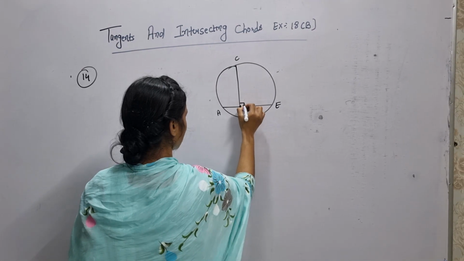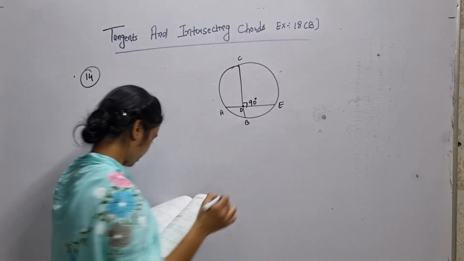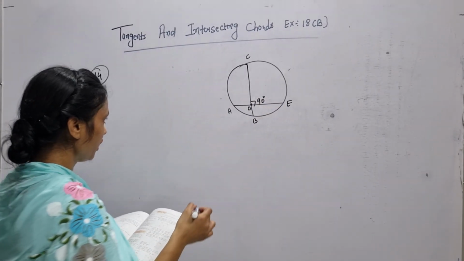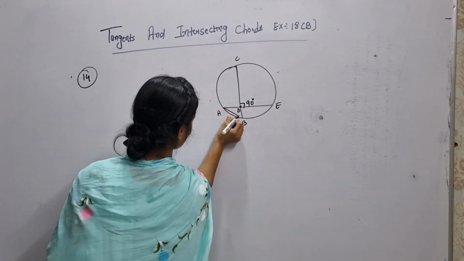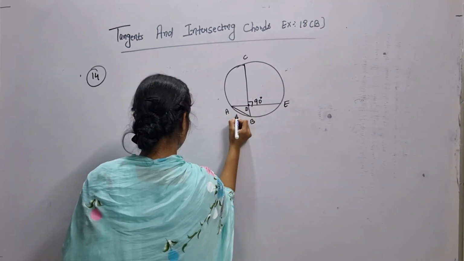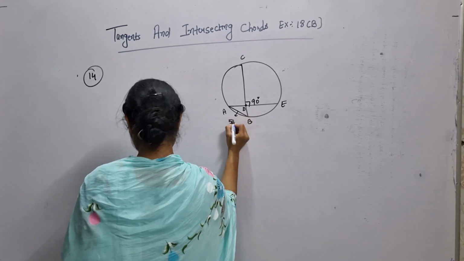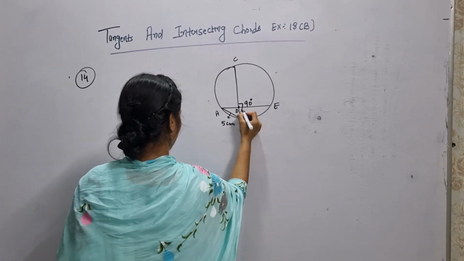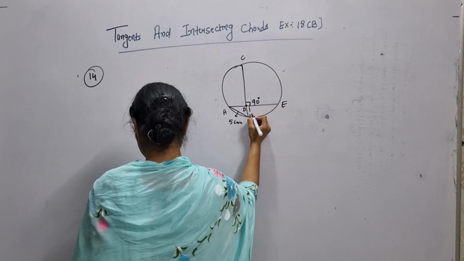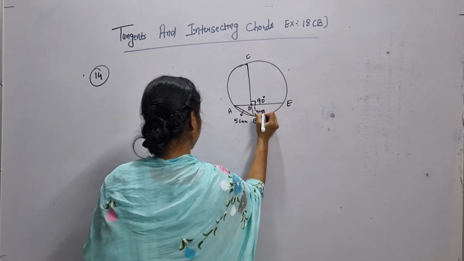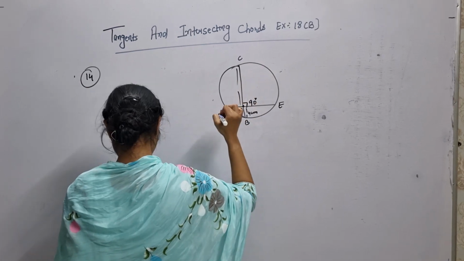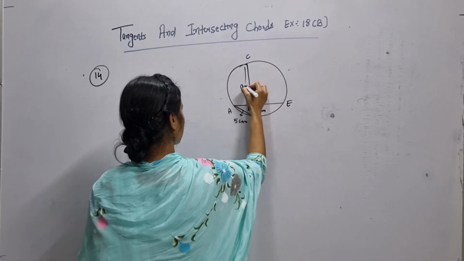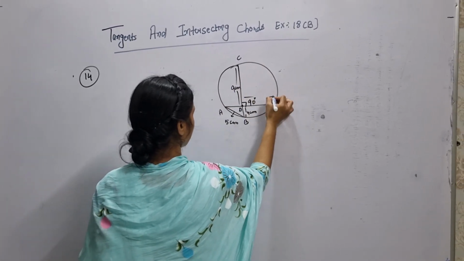This is D, this angle is 90 degrees. The length of AB is given. Join A and B. This length is given as 5 centimeter, BD is given as 4 centimeter, CD is given as 9 centimeter. You need to find DE.